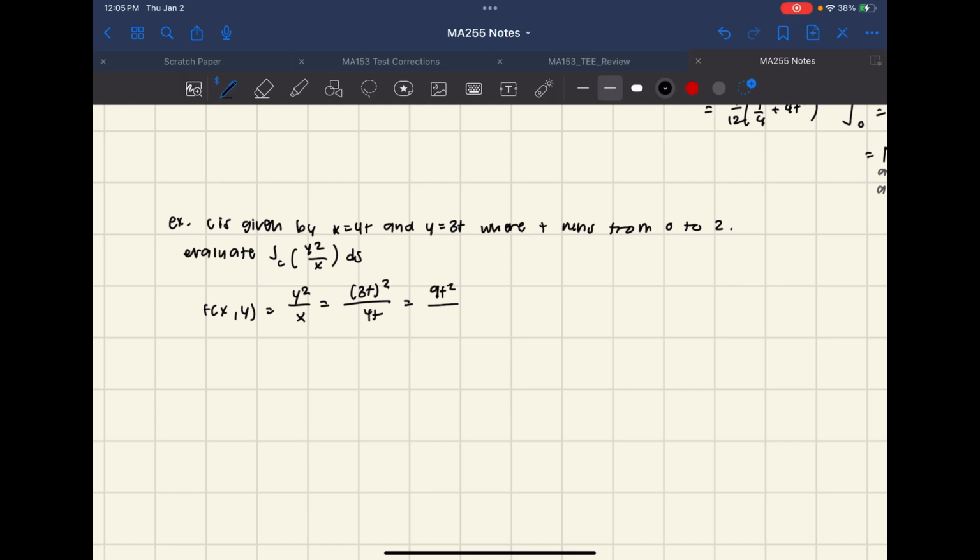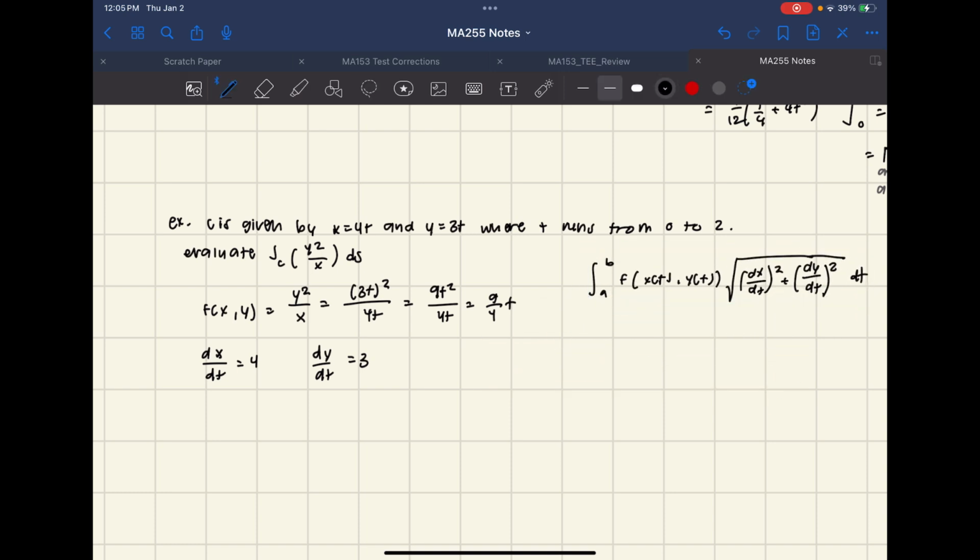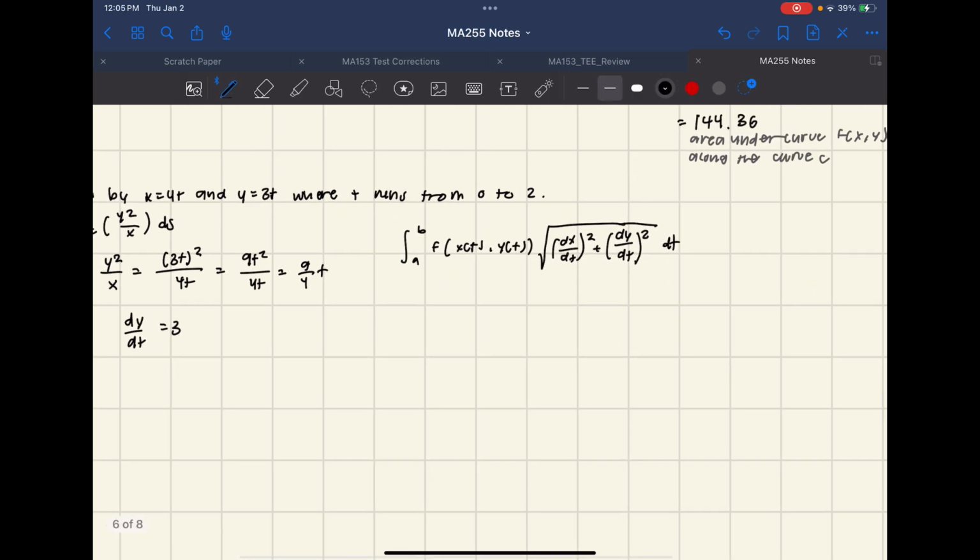Next, find our dx/dt and dy/dt, and then plug in and solve. So evaluate from 0 to 2.